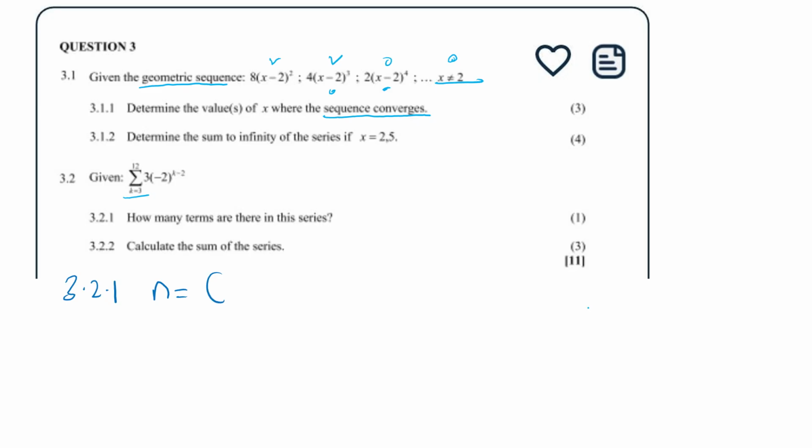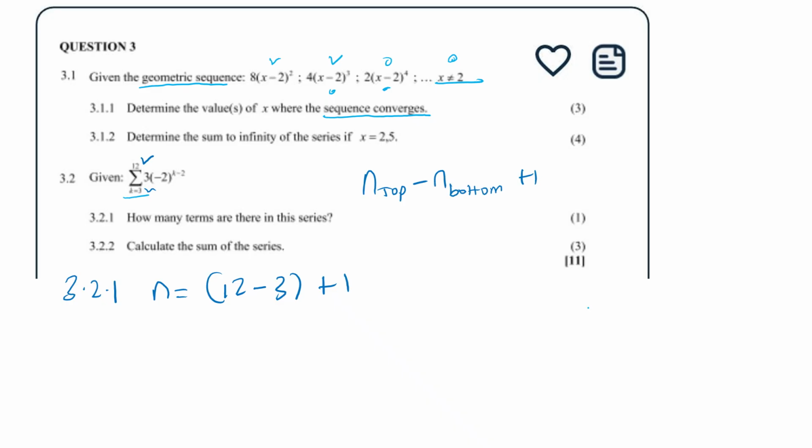This 12 minus 3, right? 12 minus 3 plus 1, right? So it is the number on top minus the number on bottom plus 1, right? This is the formula. The number on top minus the number on the bottom plus 1.